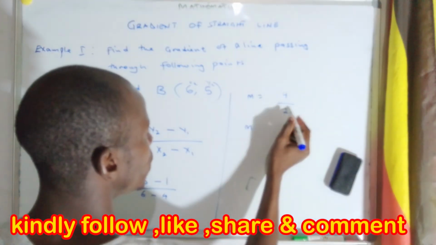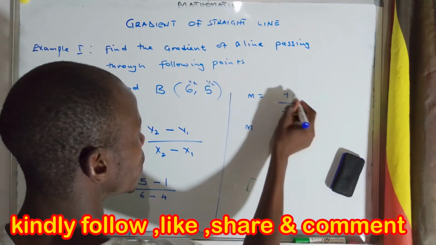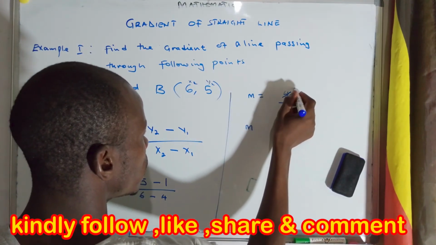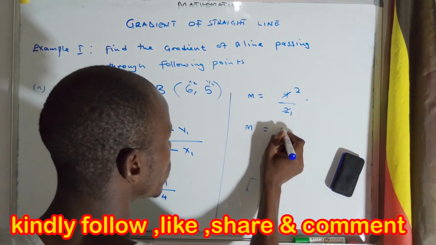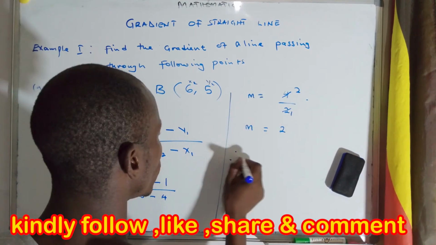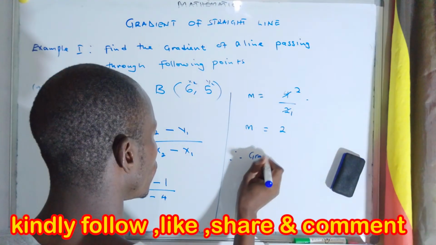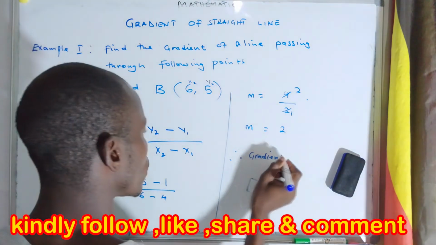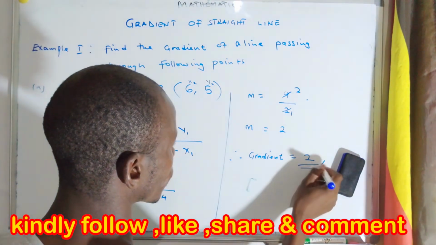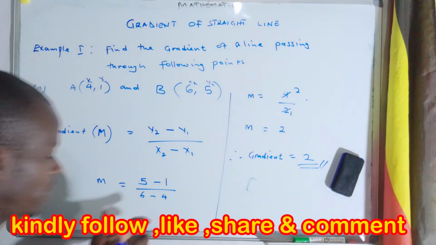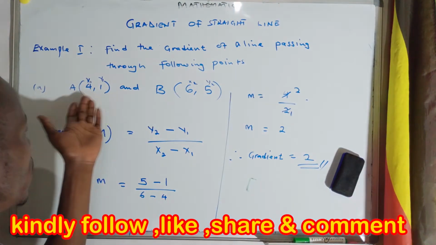Therefore, dividing 4 by 2 we remain with 2. Therefore, gradient is equal to 2. That is the gradient of a line passing through these points.